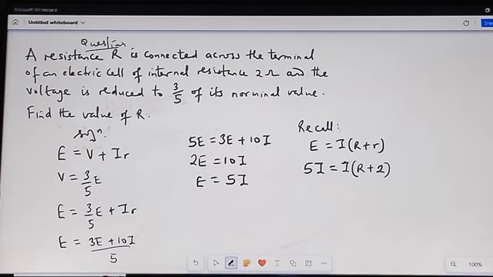This I will cancel out the I on the left hand side. You're left with 5 is equal to R plus 2. In that case, R will be equal to 5 minus 2. That gives us 3 ohm. So our capital R is 3 ohm. So that is for this particular problem.